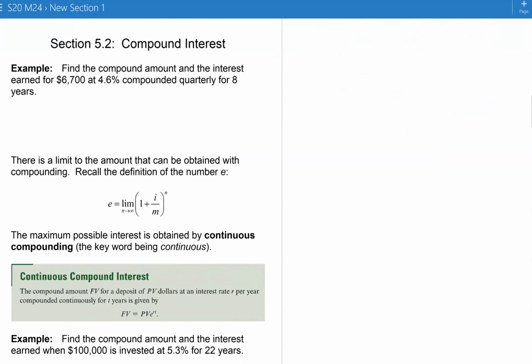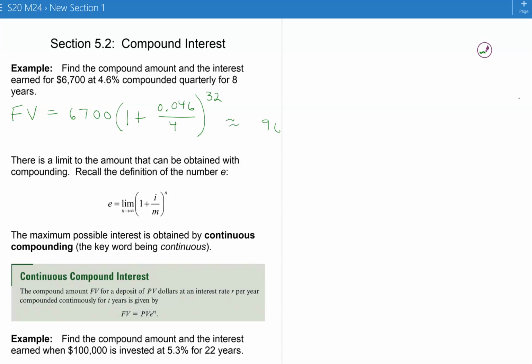So let's look at this example where we have the future value of $6,700. I'm going to have 1 plus my interest rate of 0.046. I'm compounding quarterly, so 4 times a year for 8 years. So that means 32 times the compounding will happen.